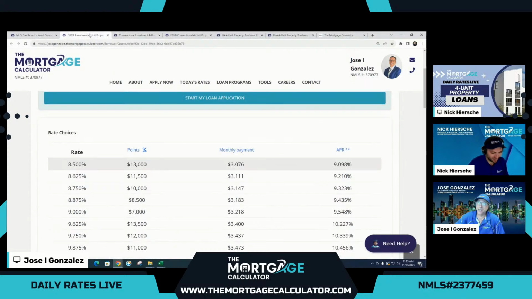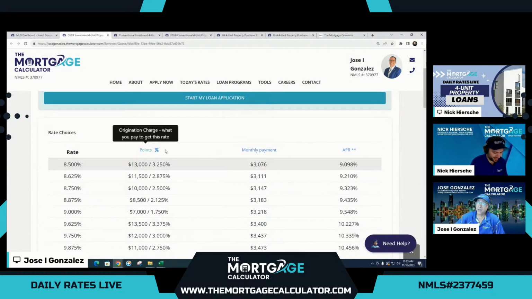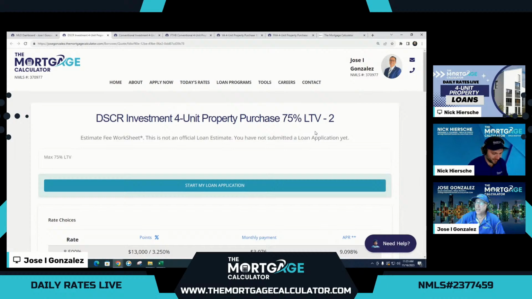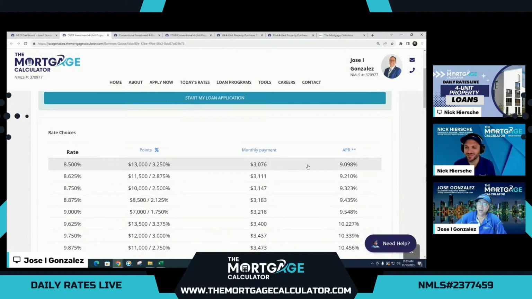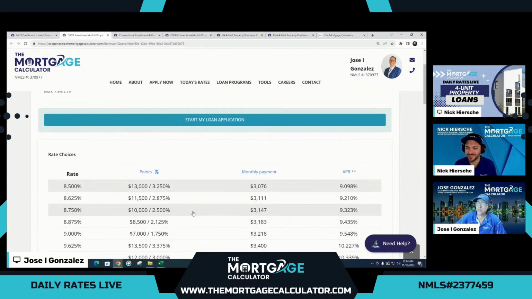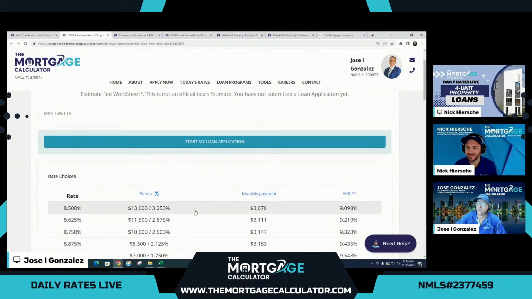And last but not least, we do have our DSCR option. I'm sorry, I left a little typo there. Now this is a 75% option. I just wanted to compare it to the conventional option there, and actually it should be like this.